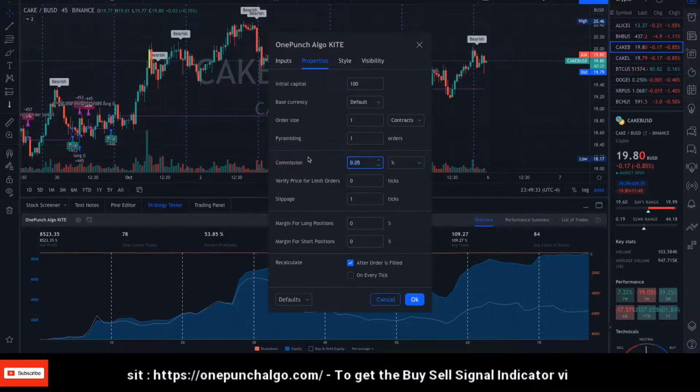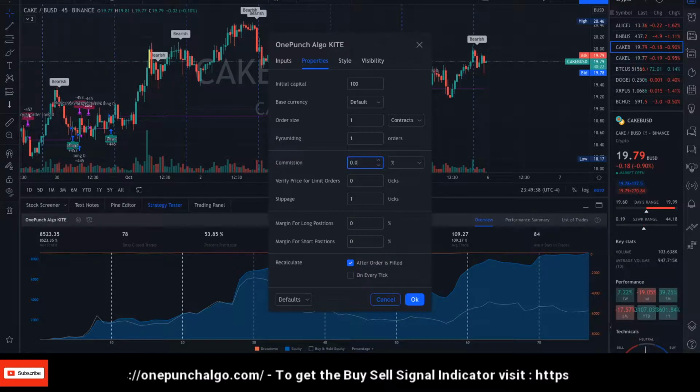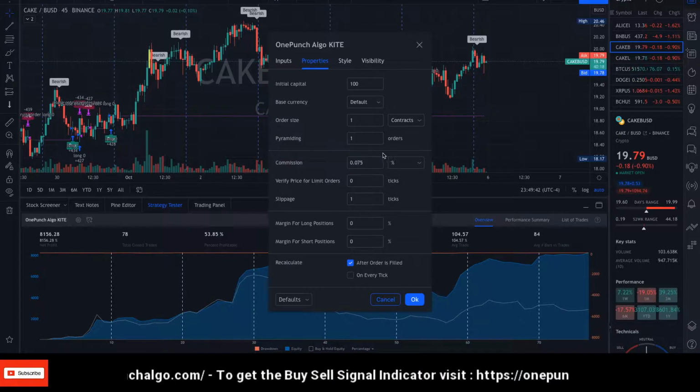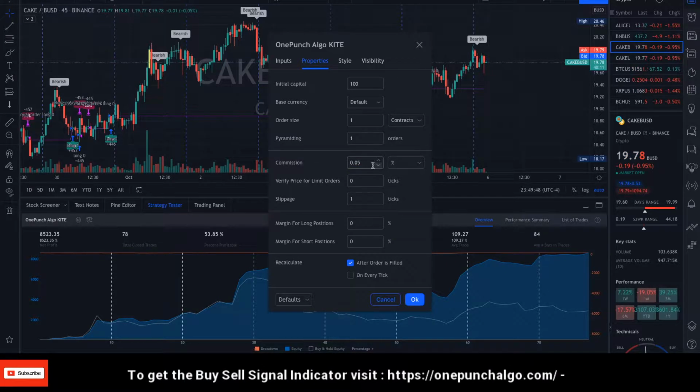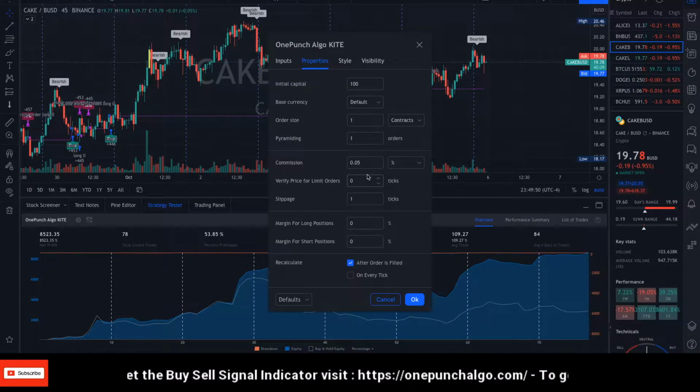And then the commission rate: depending on the broker you are using, you can update the commission rates. Some have 0.75, some even less. I'm going with 0.05, which is the broker that I use, and then I have a slippage.